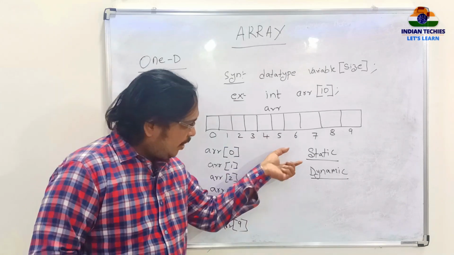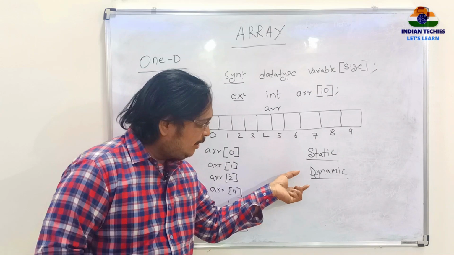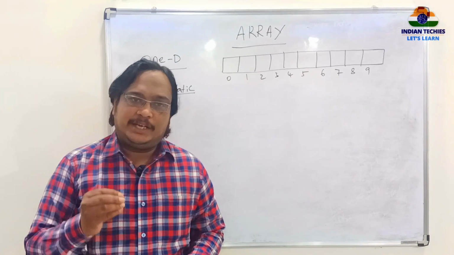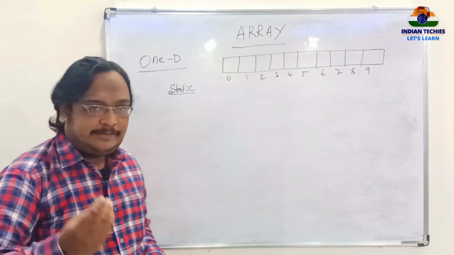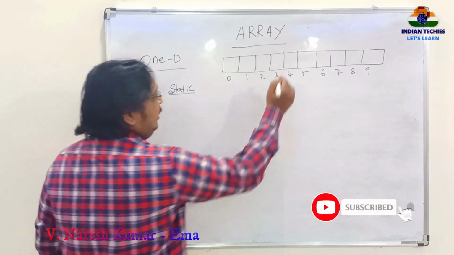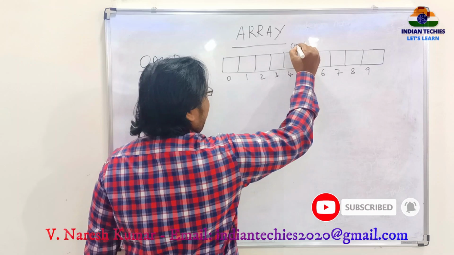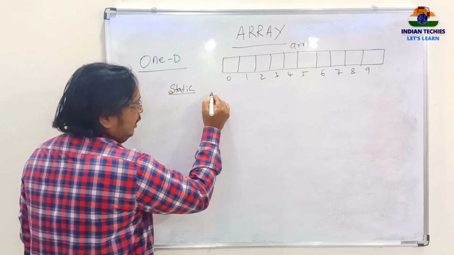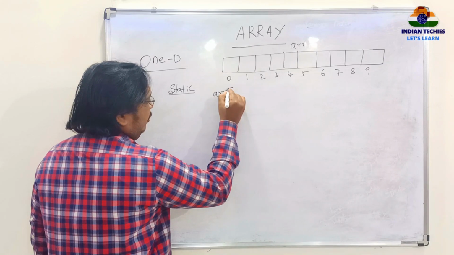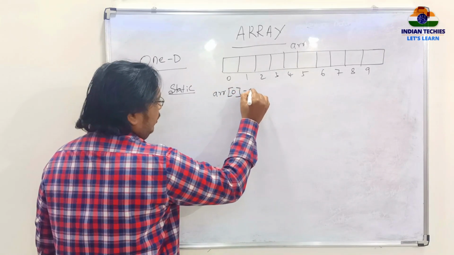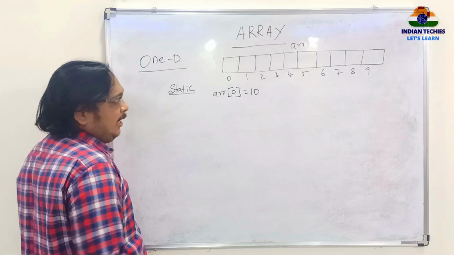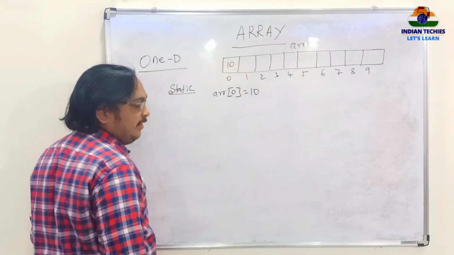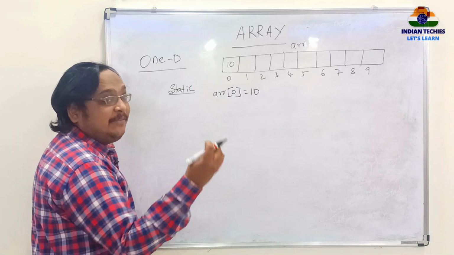Now we will see what static input and dynamic input are. Static input also has different types. The first method: I have already said the array name is ARR. One way of giving input is ARR of 0 is equal to 10, which means in the 0th position of this array I am storing the value 10. That is giving values one by one.